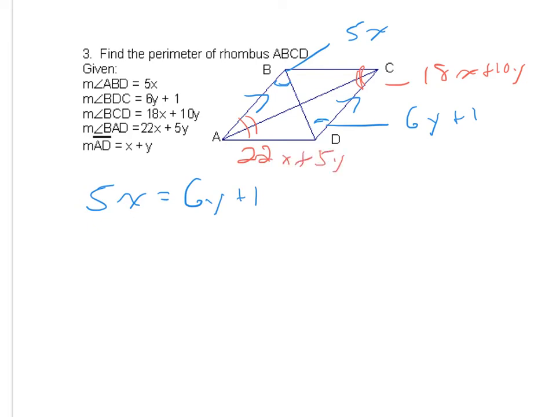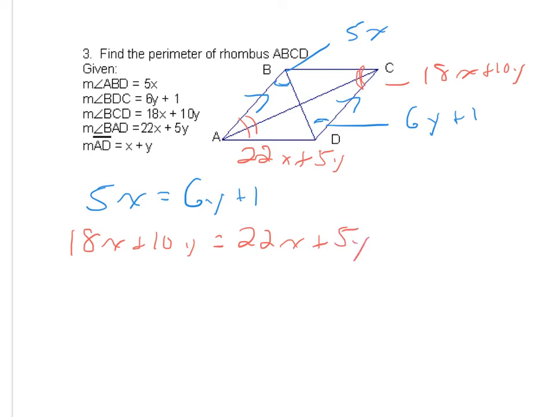Those two angles are equal because opposite angles are equal in a parallelogram. So now I know that 18x plus 10y is equal to 22x plus 5y.